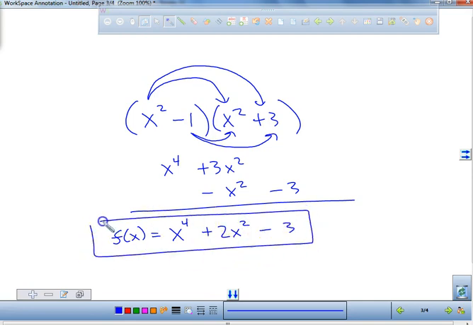This guy has 2 real roots. What were the real roots? One was at negative 1, and one was at positive 1. And then the other ones were plus i radical 3 and minus i radical 3.